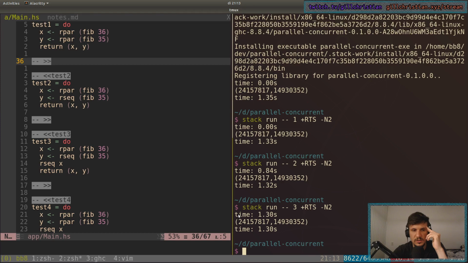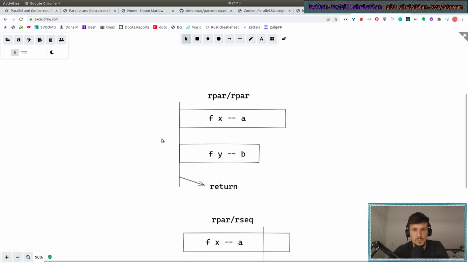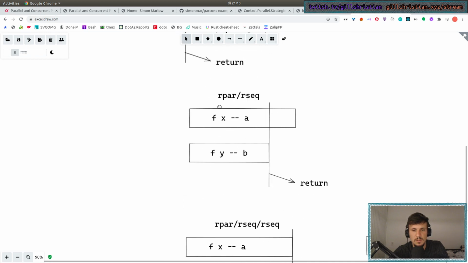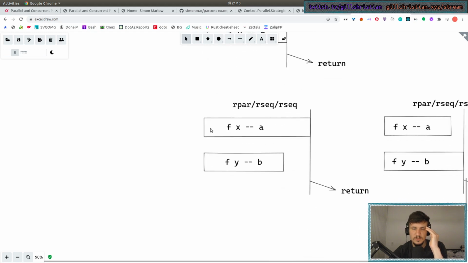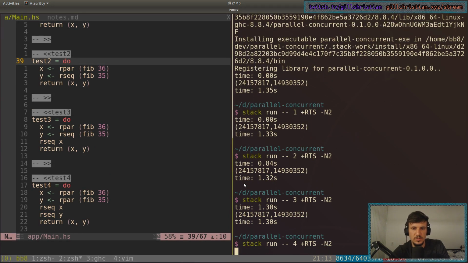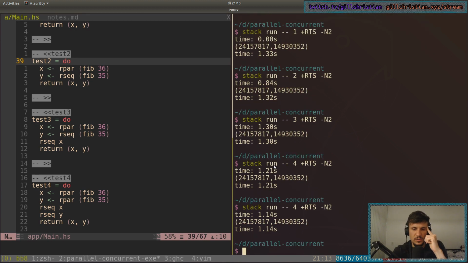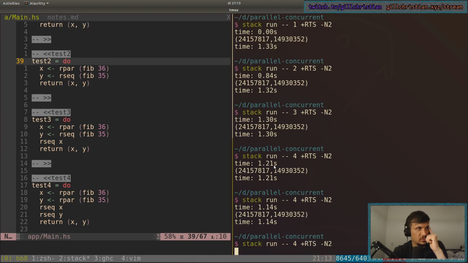The second one was this one. It returns as soon as the first evaluates and then continues. And the third one is this, so it evaluates both and then returns. And the fourth is just a similar version. I wonder why one is faster than the other. It's probably caching.